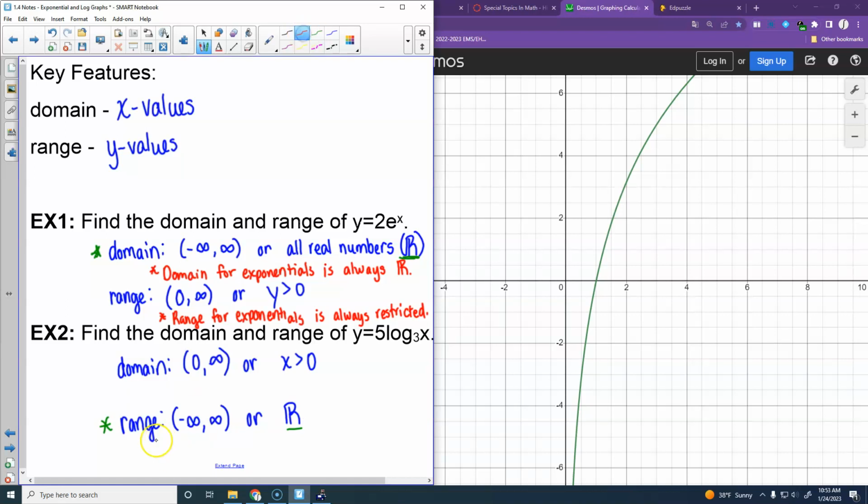So it is also safe to say the range for logs is always all real numbers, and the domain for logs is always restricted.